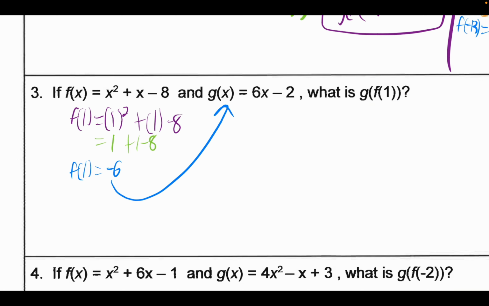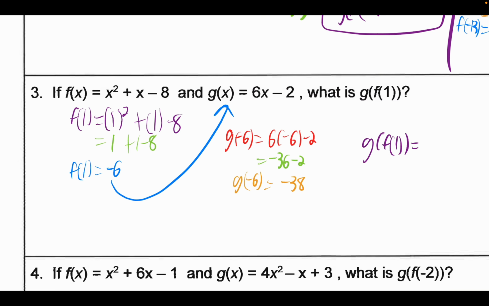Plug that into g of x, and g of negative 6 is equal to 6 times negative 6 minus 2, which is negative 36 minus 2. So g of negative 6 is negative 38. G of f of 1 is thus negative 38, as we stated.